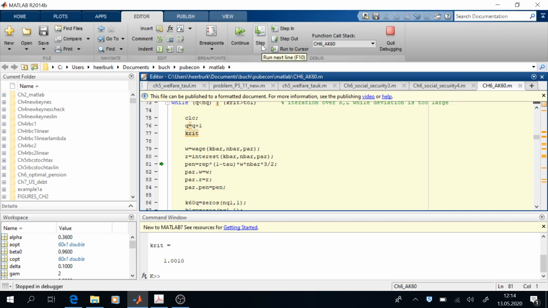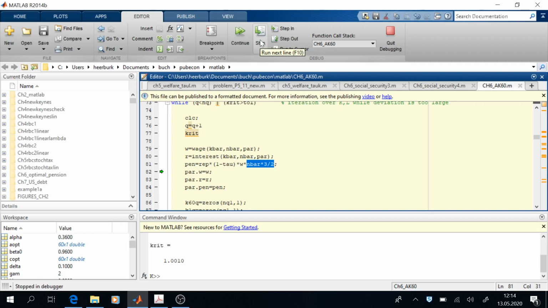Next, we compute the pension that's implied by this capital stock and labor, and of course, here we use the fact that the average labor supply is related to the aggregate labor supply by a factor 3/2, which reflects the inverse of the share of workers in total population.